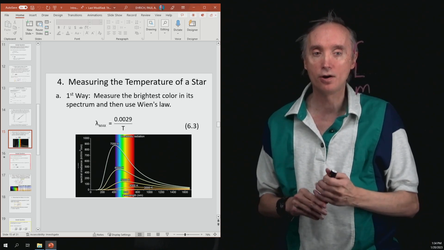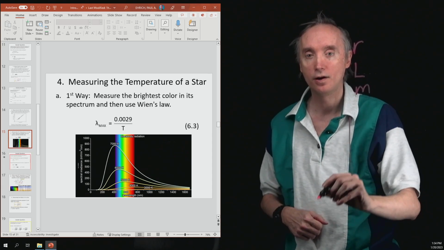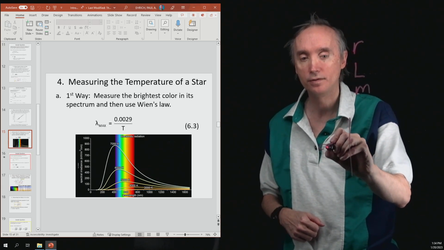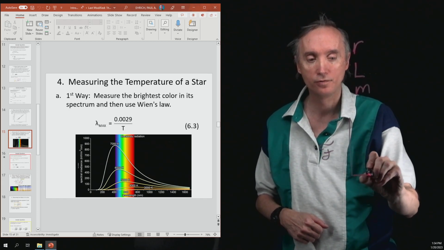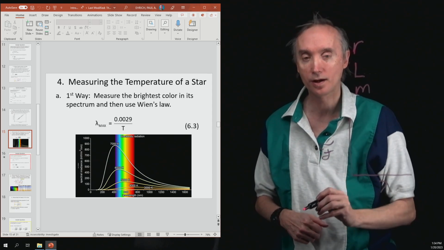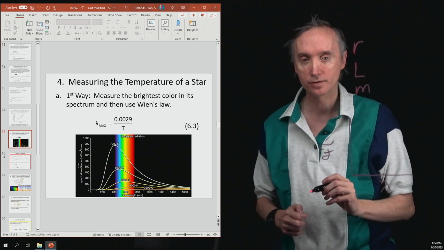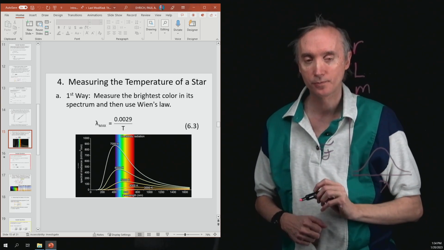And if you recall, for a black body, this over here is going to be the brightness of an object. And then down here, this was the wavelength or the color of the object. And then a black body looked like this.